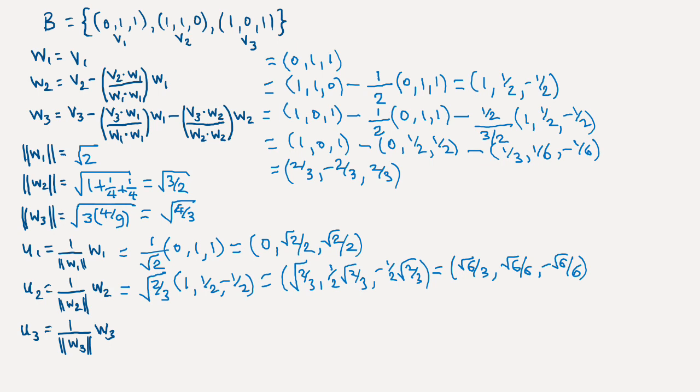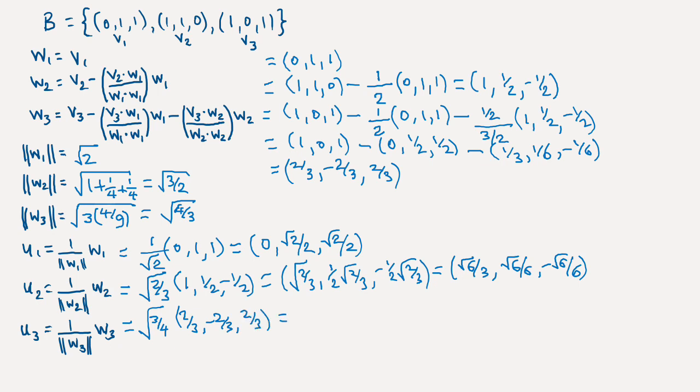Finally, W3 is going to be 1 over the length of W3. So the length of W3 is root 4 thirds, so root 3 fourths, and that's going to multiply the vector 2 thirds, minus 2 thirds, and 2 thirds.